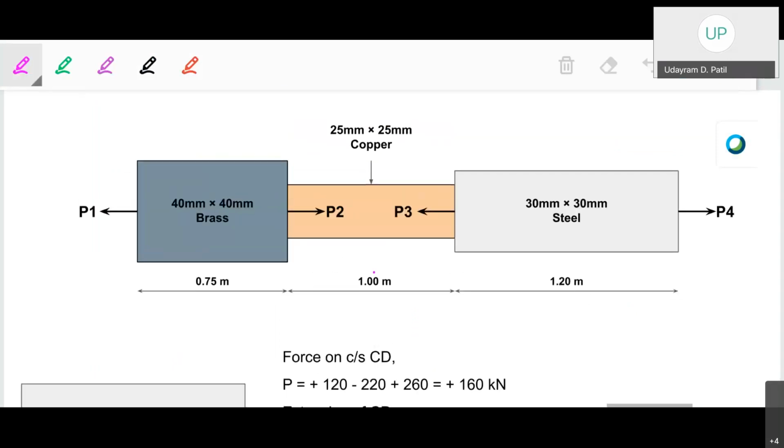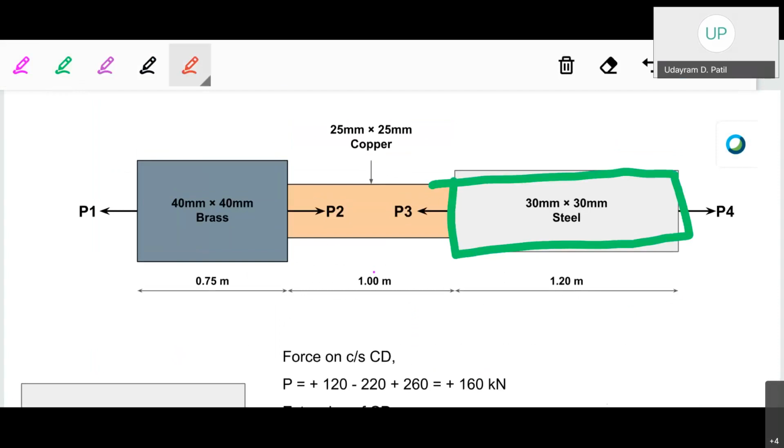Okay, similarly for the third section, the force on the CD. Again calculating for the particular section CD, considering the left hand side of the section. Here all of the values are, first P1, next P2, and next P3.